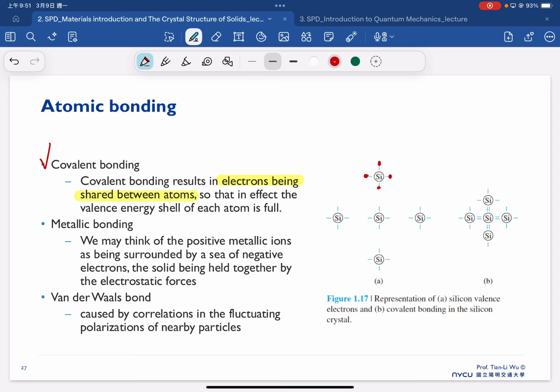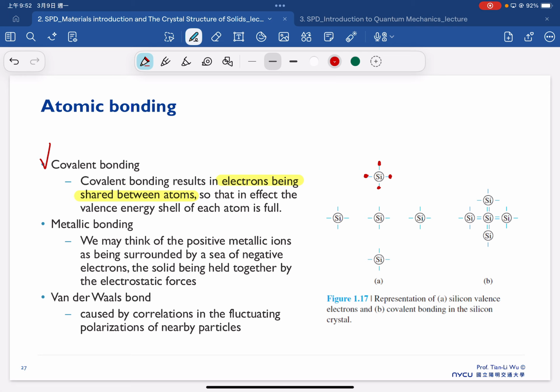If you are not aware of why there are 4 electrons in the outer shell of silicon, then you should go back and check general chemistry. I think general chemistry should explain this very clearly. But anyhow, just assume that you are already aware of that.